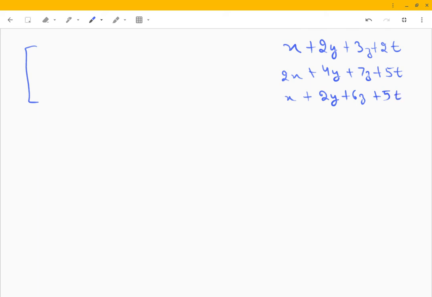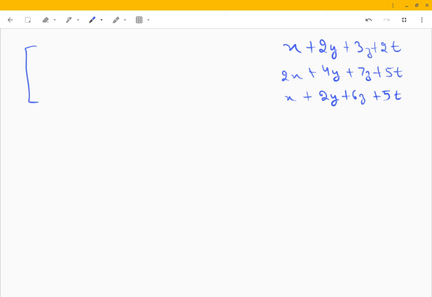Yeah, so these were the three vectors, and remember f of x y z t was mapping to this. Just check again. Okay, so now first we formed a 3 cross 4 matrix from the coefficients. Those were the vectors which were in the domain.